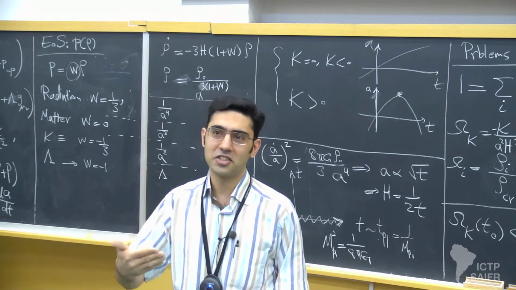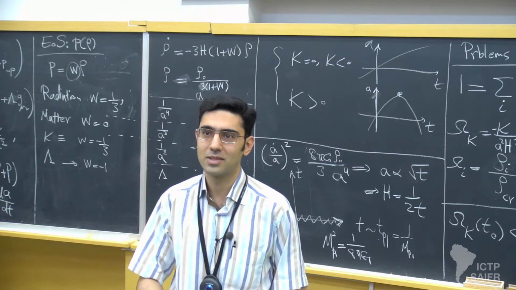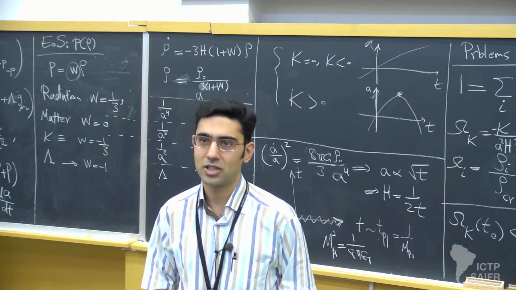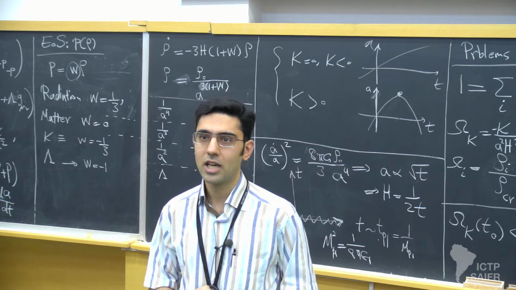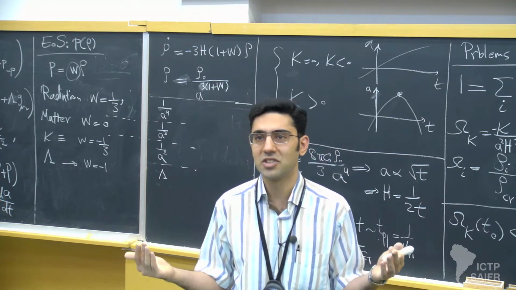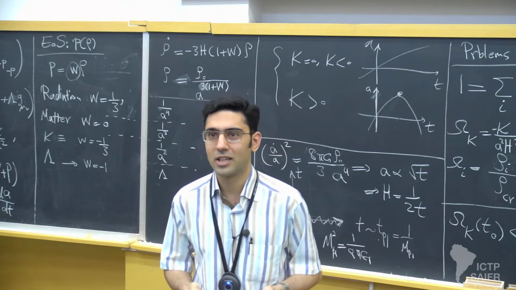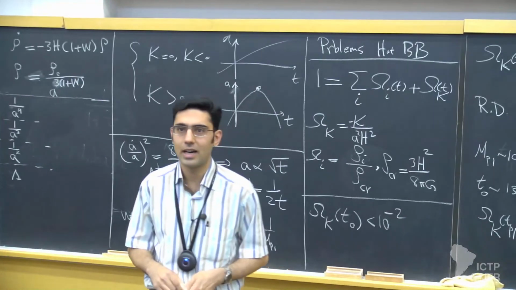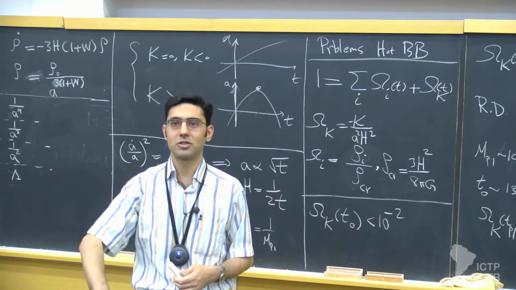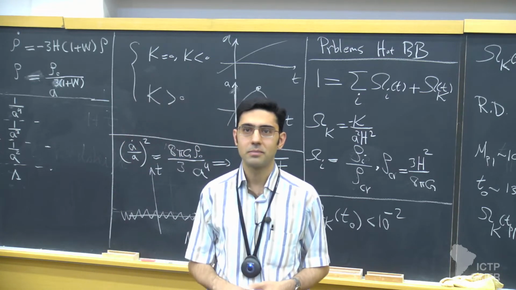And in fact, inflation is basically changing that situation at earlier times by going into a different phase in which you have a different expansion law compared to radiation domination. It's natural to assume that if you have a hot Big Bang, you should be radiation dominated. If you make anything too hot, it becomes like radiation. So the solution to the problem is to have a cold phase, which is called inflation, before that hot Big Bang.